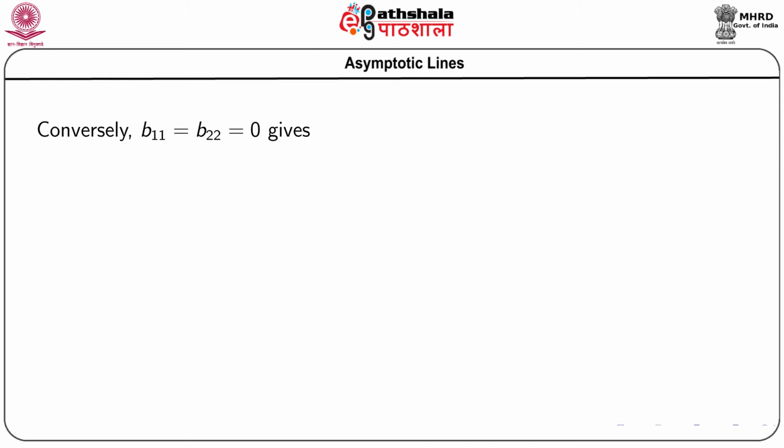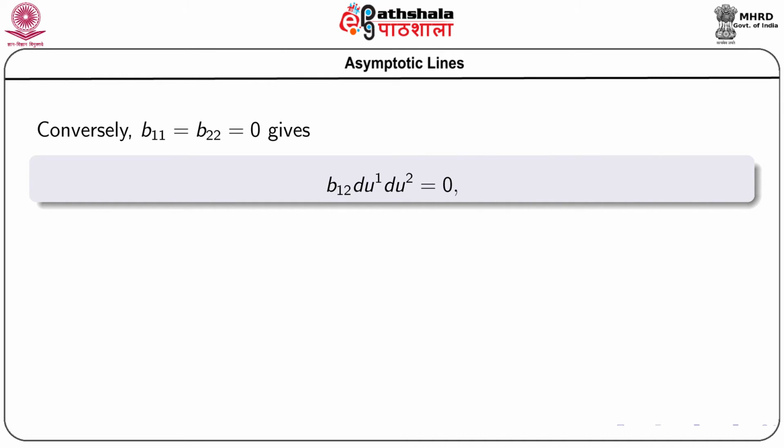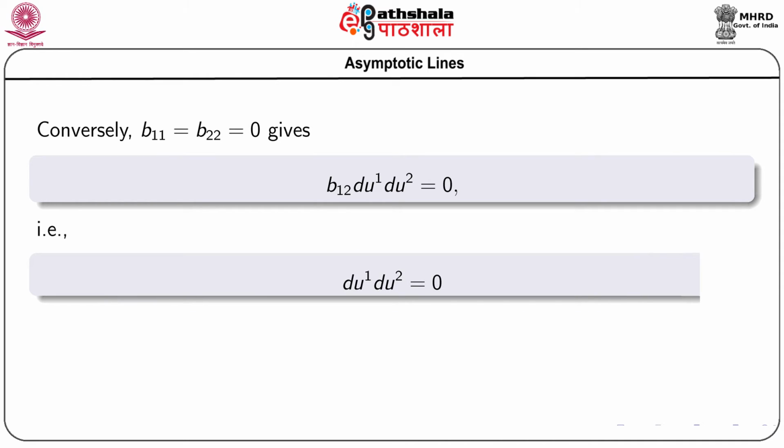Now, conversely, let b11 equals to b22 equals to 0, then they will give 2 b12 d1 d2 equals to 0. That means d1 d2 equals to 0.